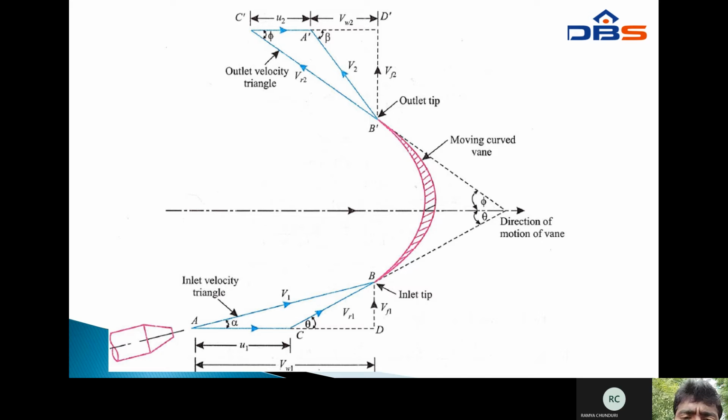At the inlet we have V1, U1, Vw1, Vr1 and Vf1 terms, and for the leaving jet V2, U2, Vw2 and Vf2. The one terms are inlet diagram terms and the two terms are outlet diagram terms. Alpha and theta are inlet angles, and phi and beta are outlet angles.